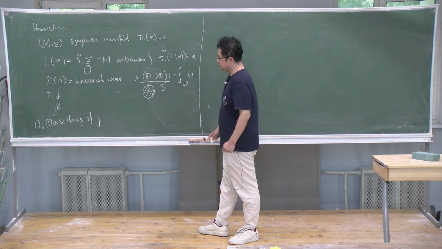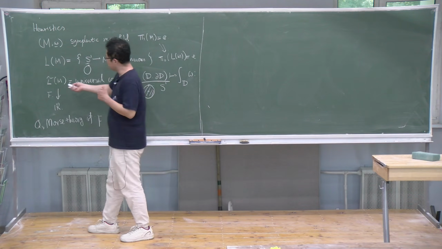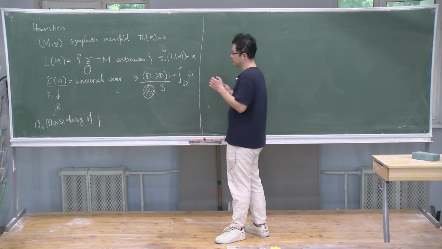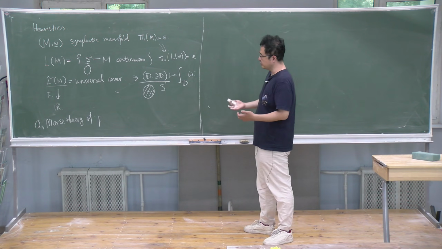Of course, this universal cover of the free loop space is not a finite dimensional manifold, so you cannot use ordinary Morse theory.